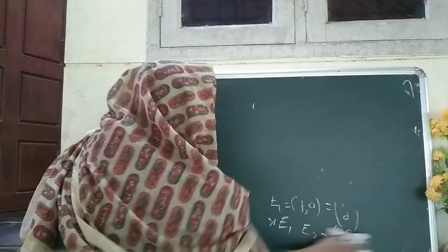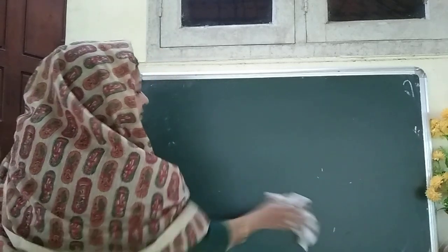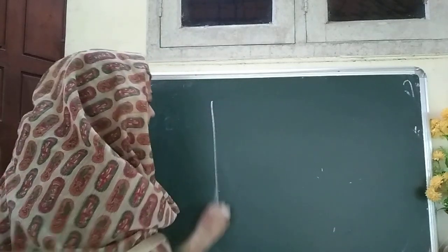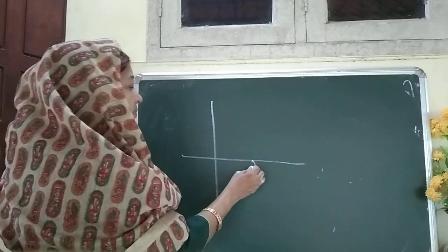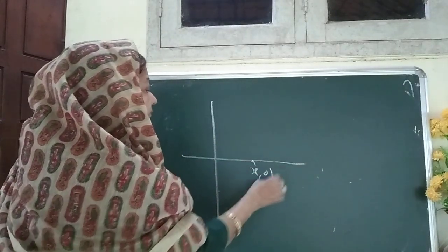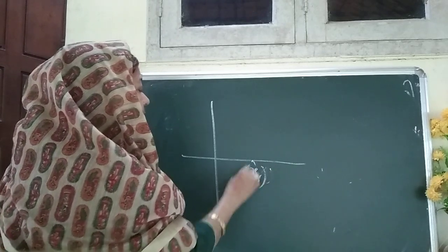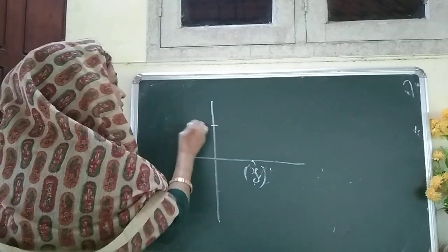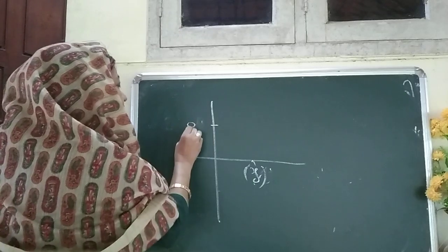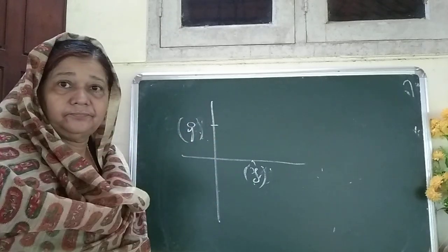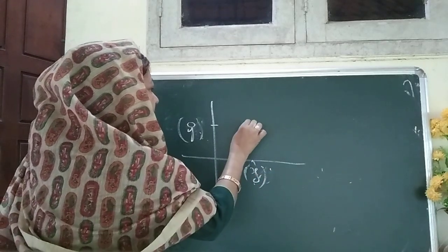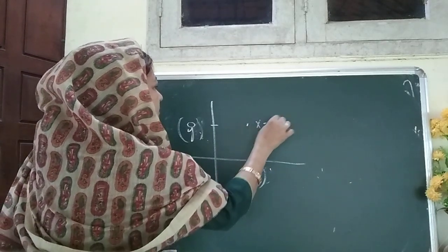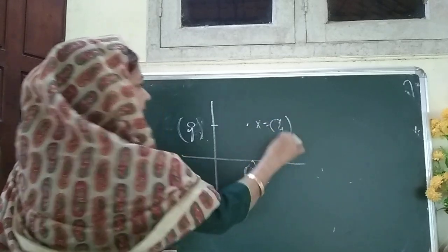Similarly, we can add the vectors geometrically. Let us assume that this point is x0, and it is the point, say, 0, y. Then take capital X equal to xy.